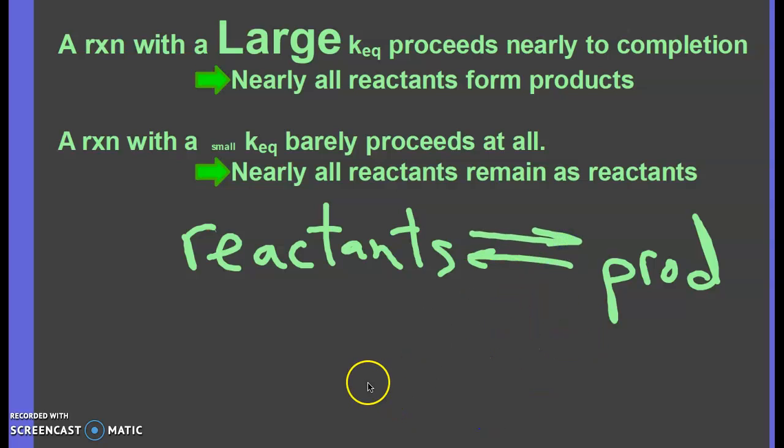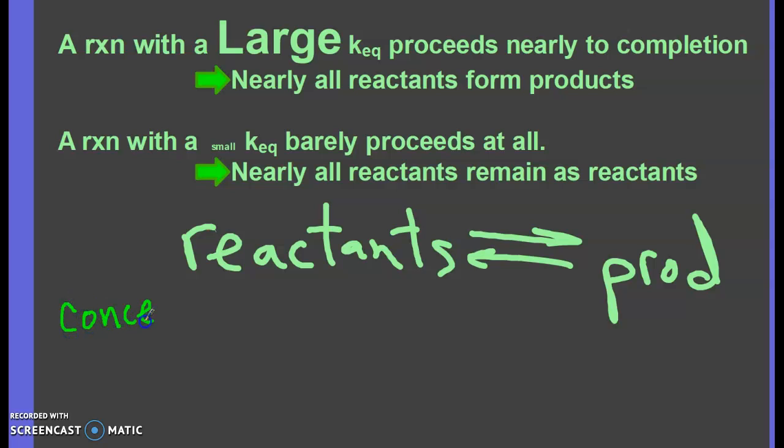And so what we have to talk about here is how much of the reactant exists, how much of the product exists, how much is it changing from one to the other. To think about this, we talk about how much there is of something, meaning concentration a lot of times.